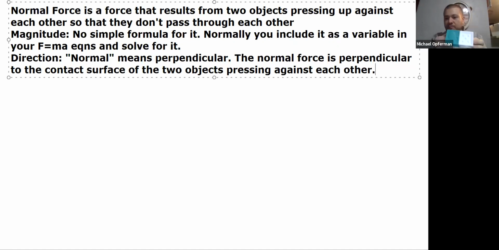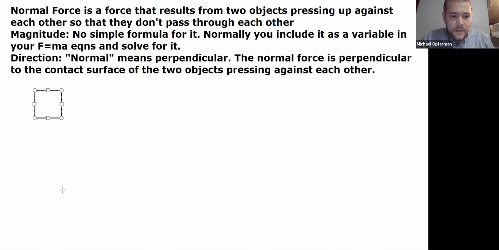So in my example here, where we have the two blocks pressing up against each other like this, the direction of the normal force there, so say here's the first block, and here's the second block, and they're pressing up against each other like that. When I say the contact surface, what I mean is this interface where they're actually touching each other and pressing up against each other.